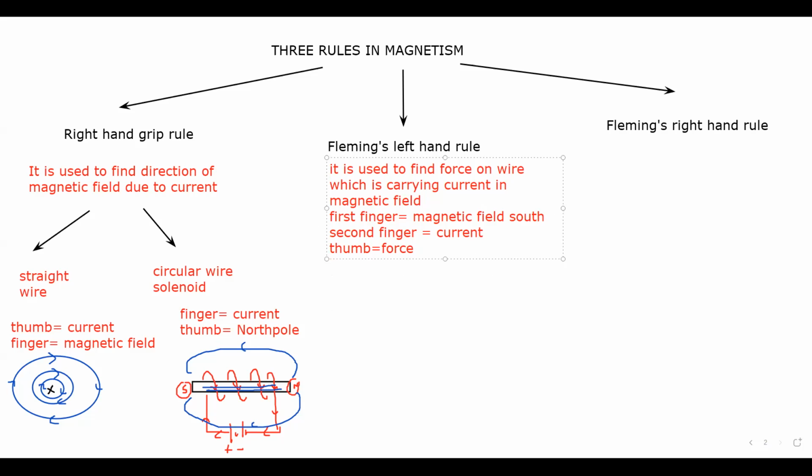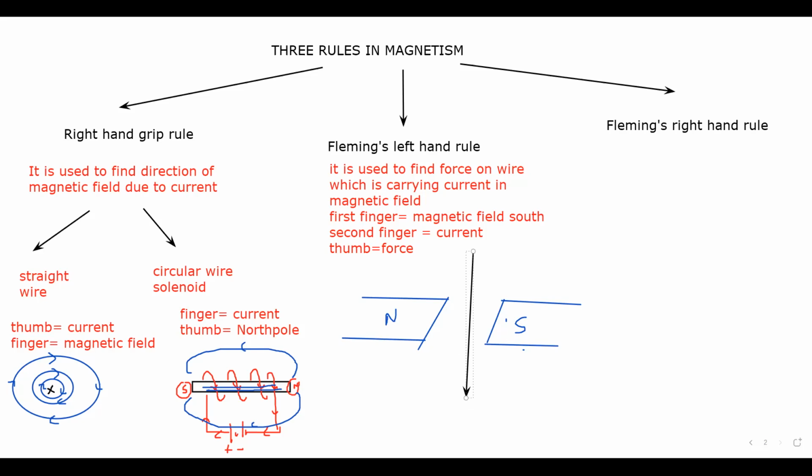So for example, if you have a wire which is carrying the current in a magnetic field, so you have a north pole, south pole, and there is a current passing through the wire which is placed in a magnetic field.